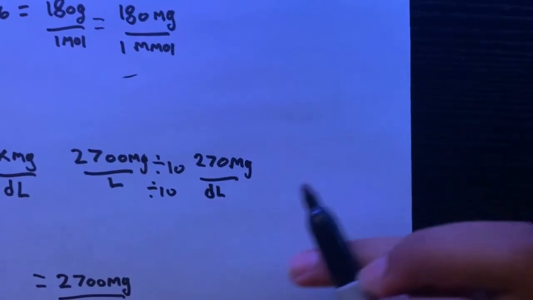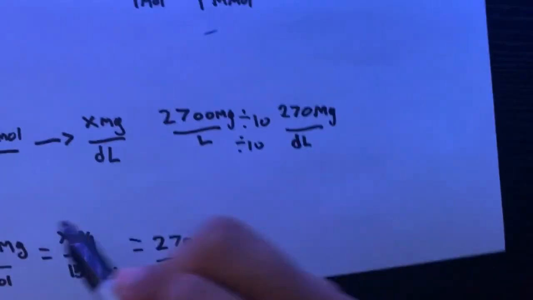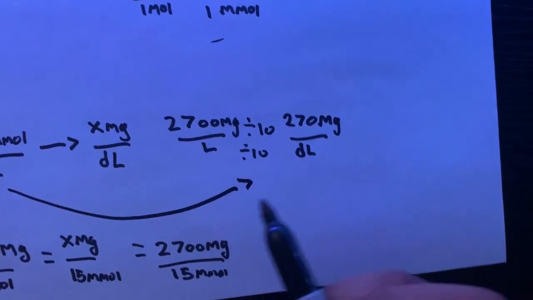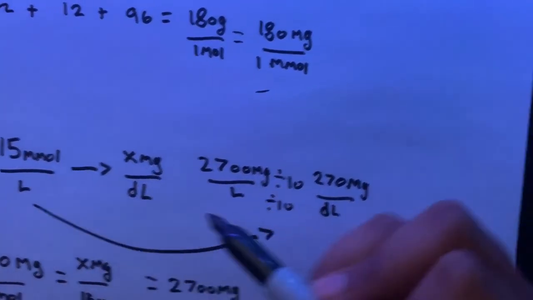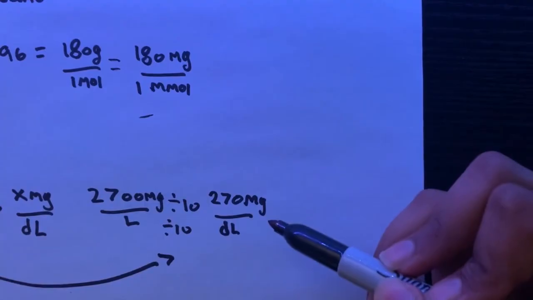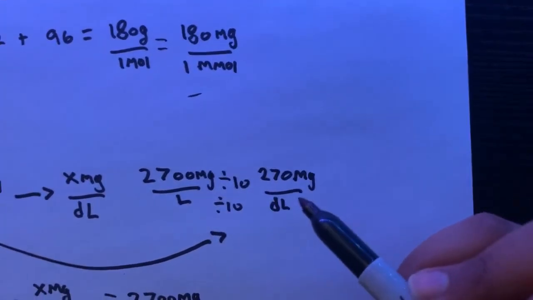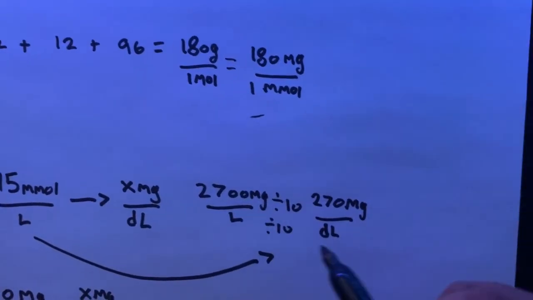That's how we got this. So that's our answer. 15 millimoles per liter is 270 milligrams per deciliter. And that's how you convert from millimoles per liter to milligrams per deciliter.